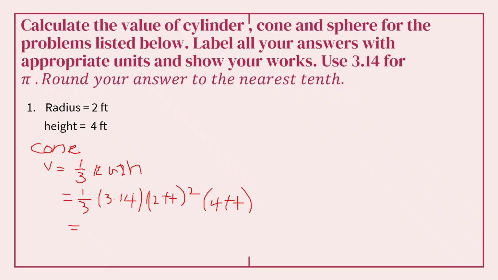So we get here 1/3 times 3.14. Again, we have 2 times 2, that is 4 feet squared, times 4 feet.